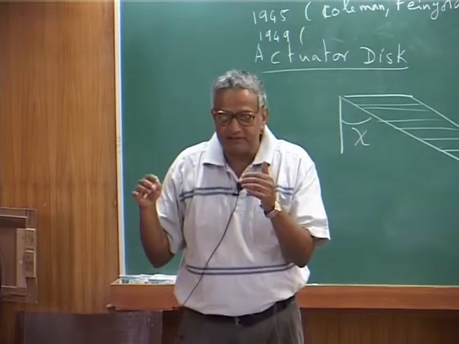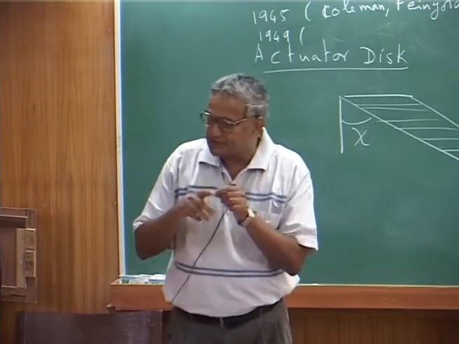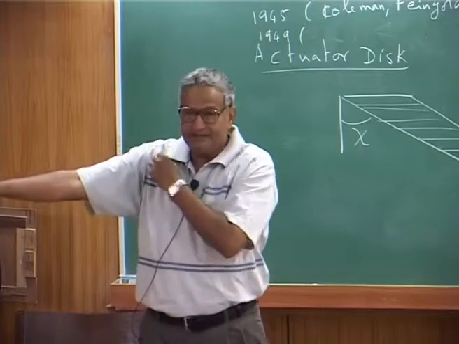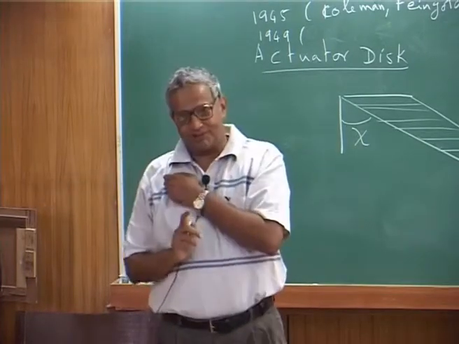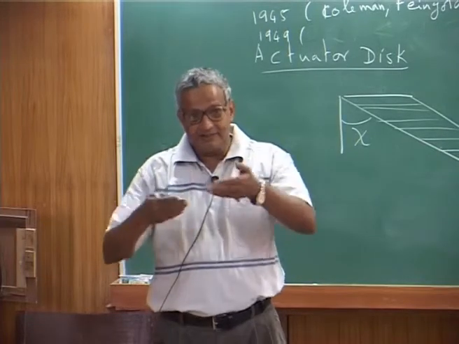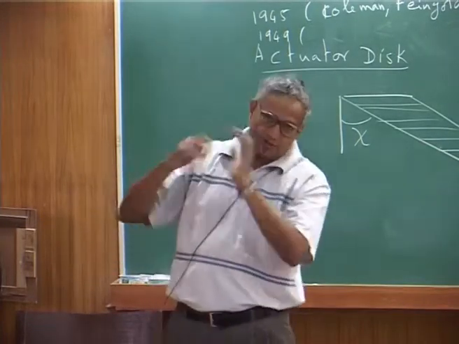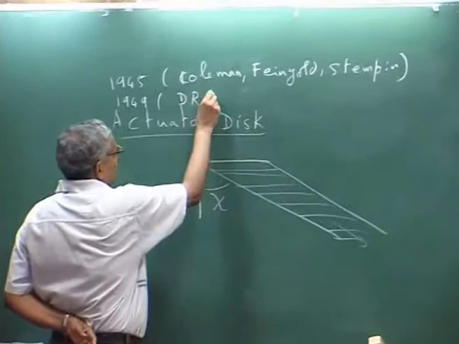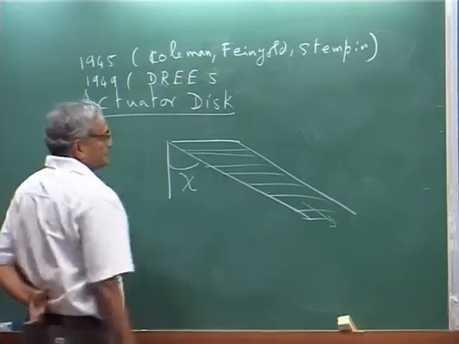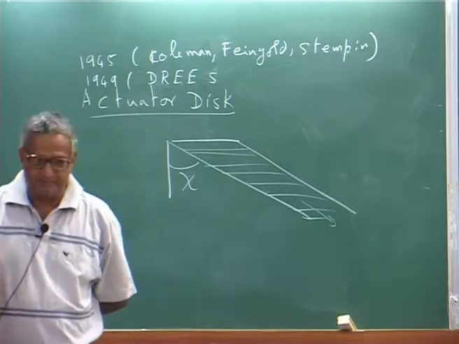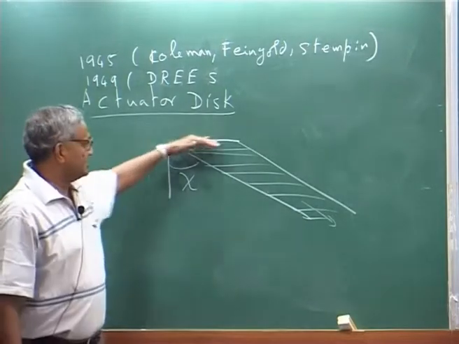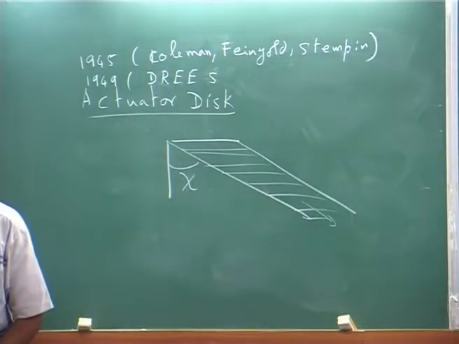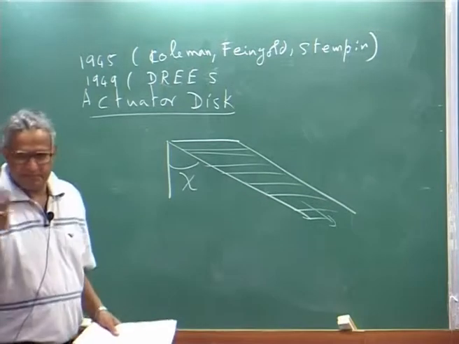That means his circulation is constant along the blade span, but it varies with azimuth location. So you will have trailing as well as shed vortex. With that, this is called the Drees model. He again got the inflow variation from that. Then in the 1950s, using the potential flow theory, the 49, 50, 52, that period.